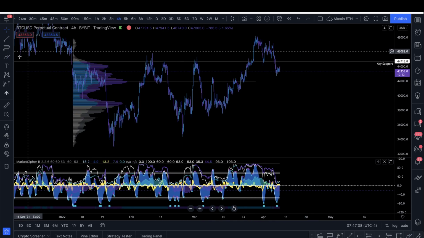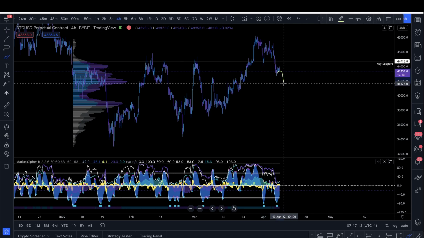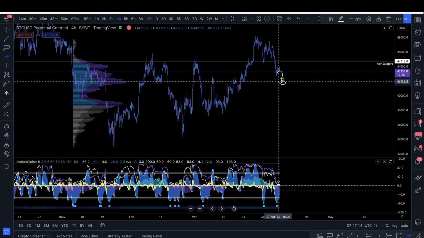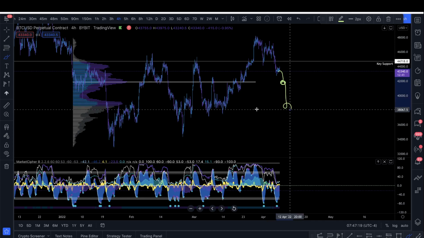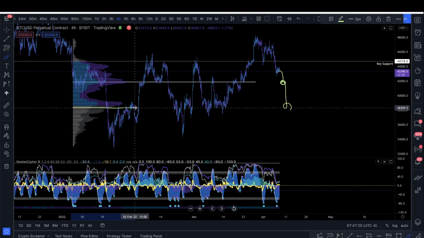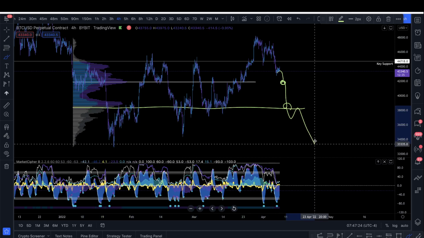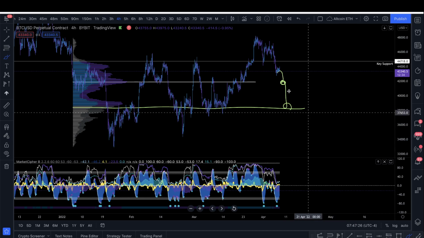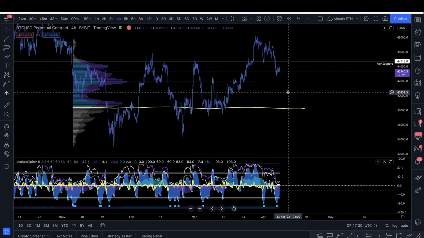But if price comes back inside of a previous value area, then it becomes very probable that we move first down to that highest volume node, and then even potentially down to the bottom of that value area. And then, of course, if we lose it like this, then we can come down lower and establish a new value area. So this is quite significant that we've come back down into here.